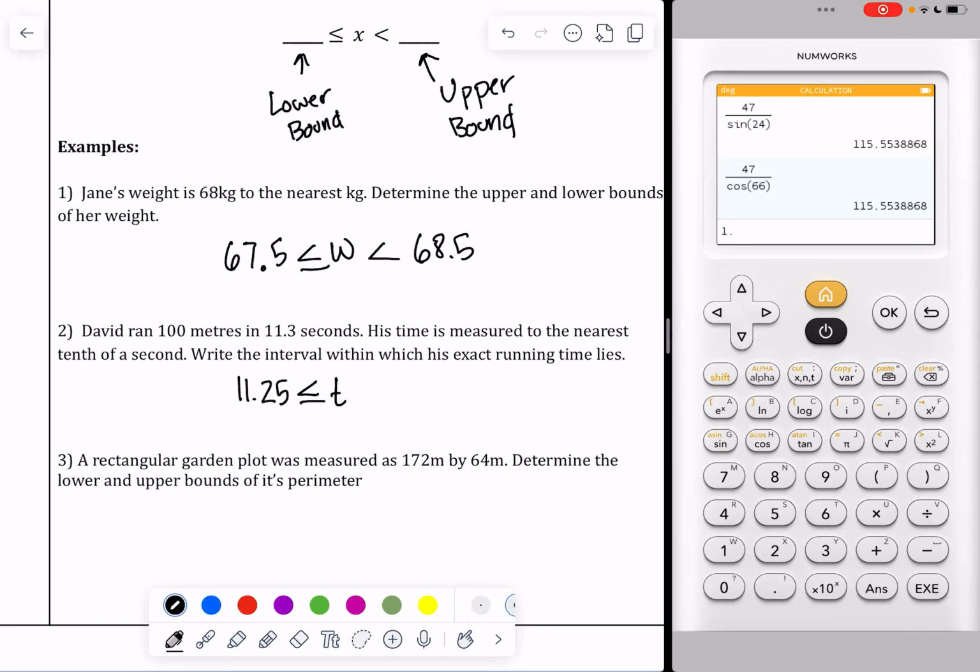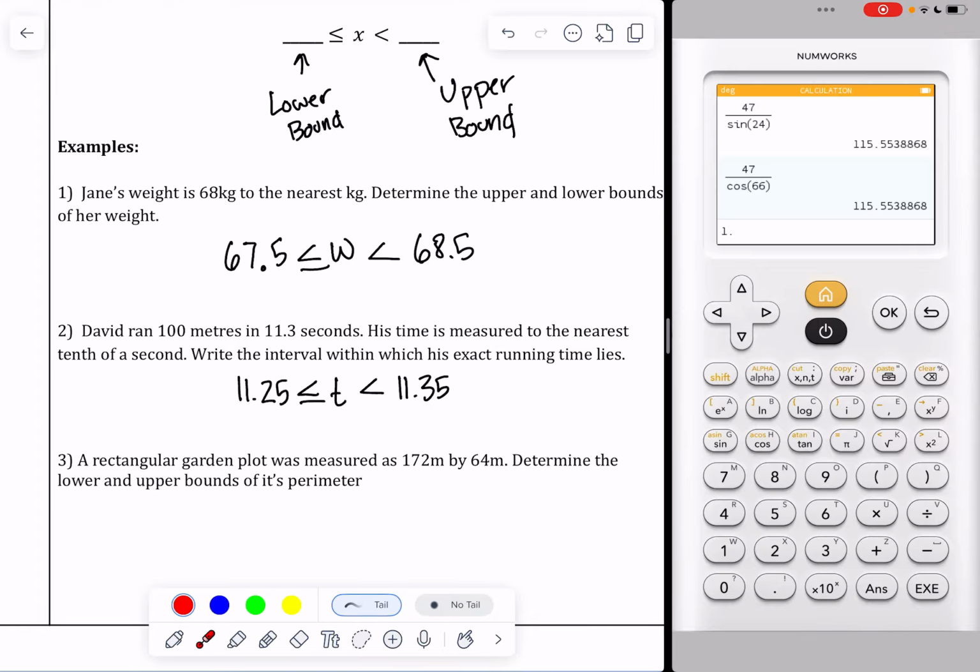And then our upper bound here is everything lower than 11.35. So yes, 11.35 would round up. So it's everything lower than that that will round down to 11.3. So again, our values are always ending in 5. It's going to be 0.25 and 0.35 though for this one.